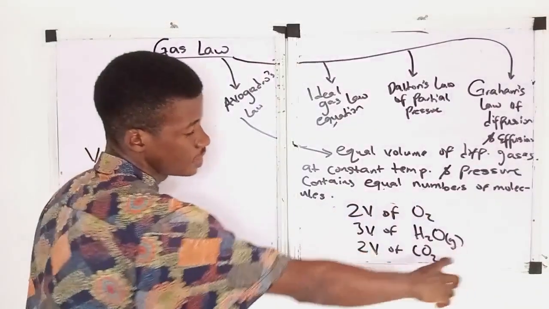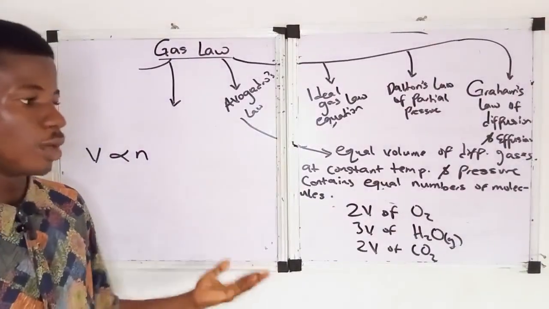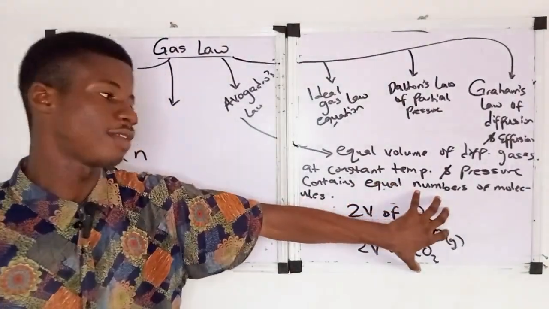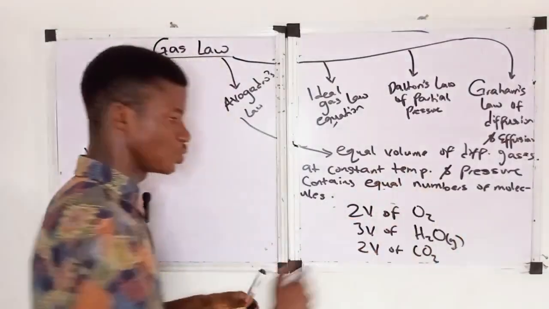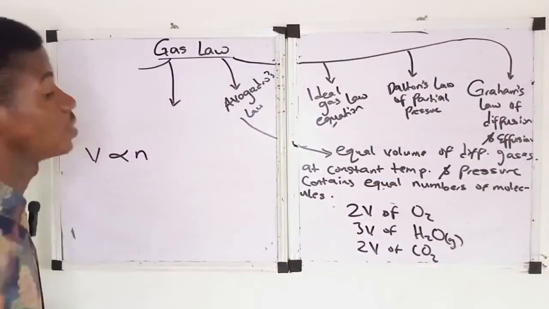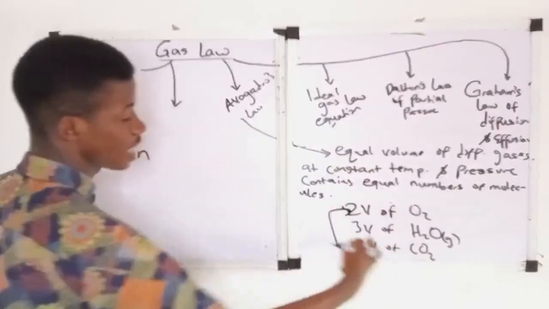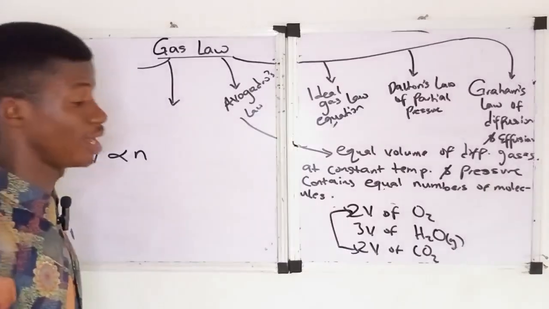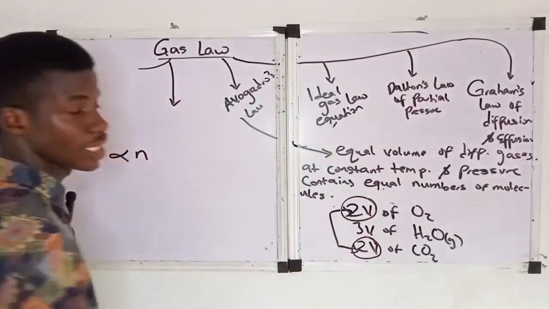Which of these three gases have the same number of moles? Which of these have the same number of molecules? The answer will be oxygen and carbon dioxide, because they have the same volume. That is just it.